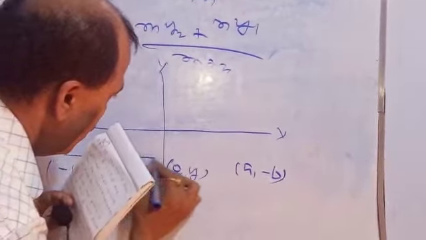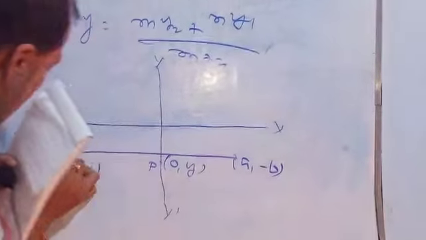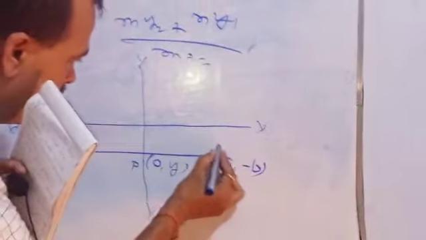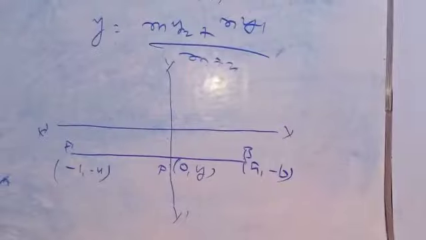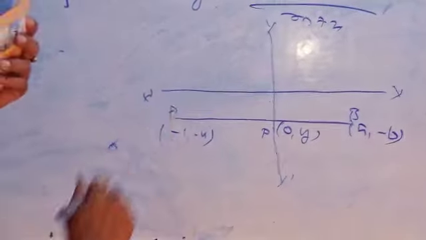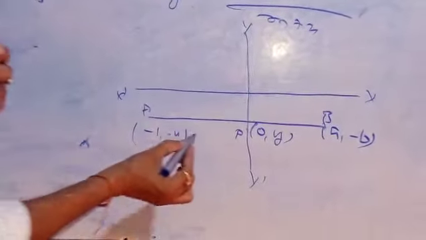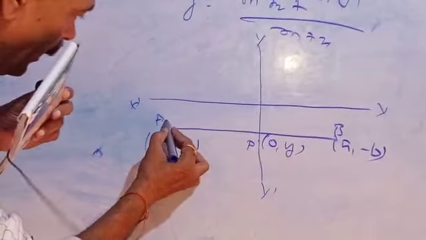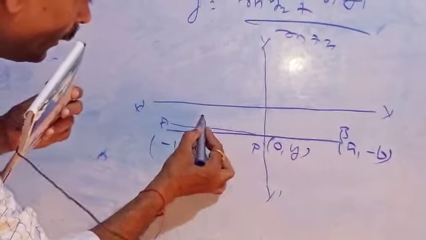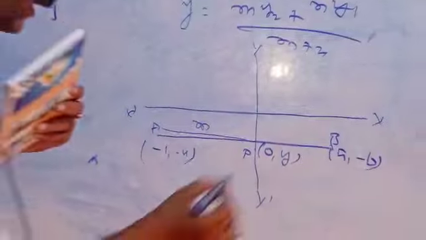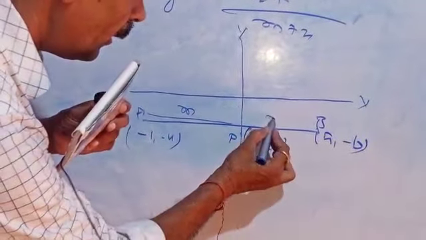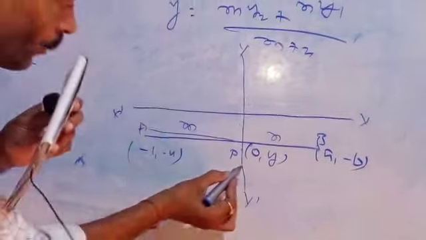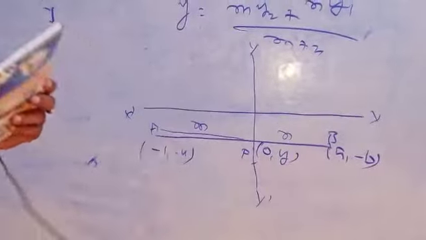We join them. Suppose one point is A, another point is B. Now the distance of A from P, suppose it is M. The distance of B from P is N. We have to get the coordinates of point P and the ratio both.